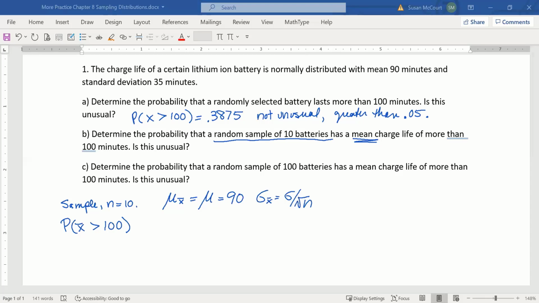So sigma over the square root of n here is equal to our sigma from before of 35, but now we're dividing by the square root of 10. And when you do that calculation, you get 11.06.